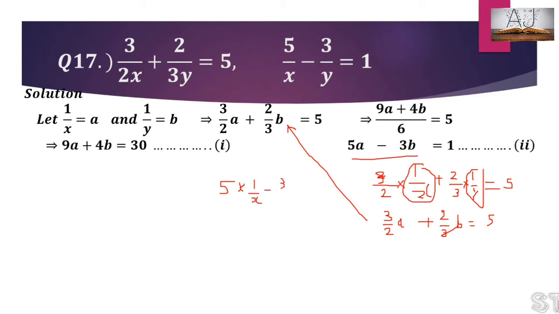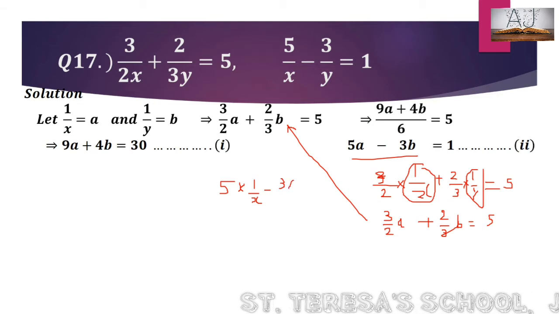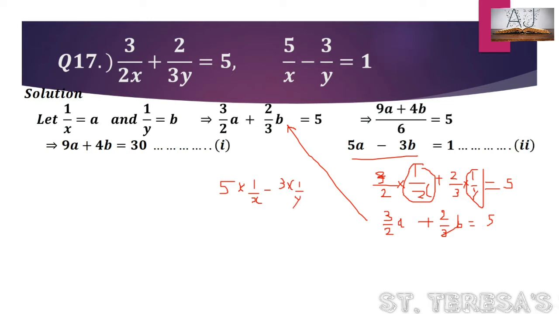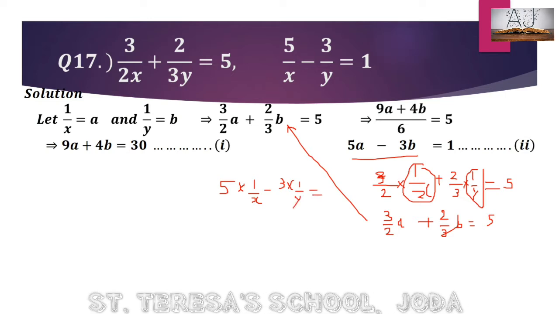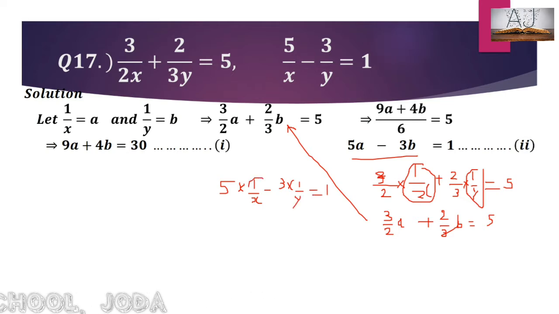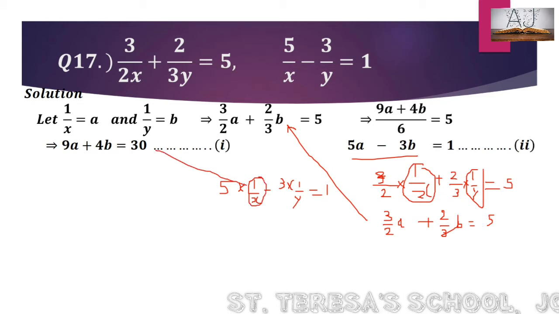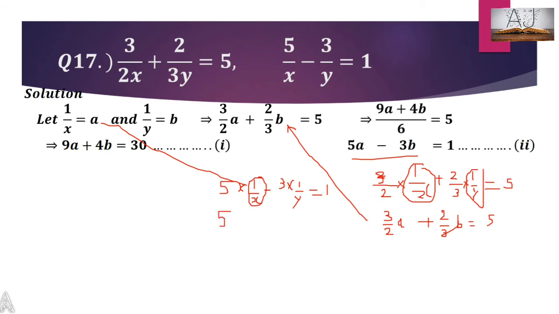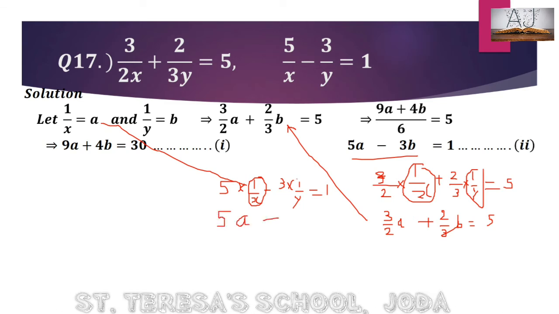Minus 3 by y means 3 into 1 by y equals 1. So now in place of 1 by x, what shall we put? Yes, we have substituted it as a. So in place of 1 by x, we will put a. So it becomes 5a minus 3 into 1 by y.